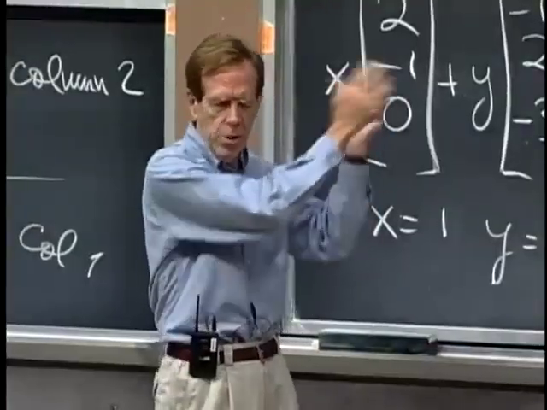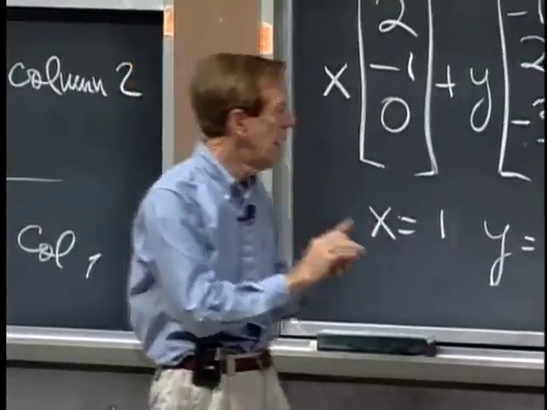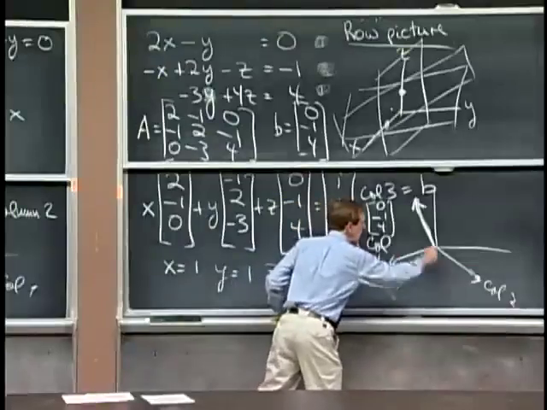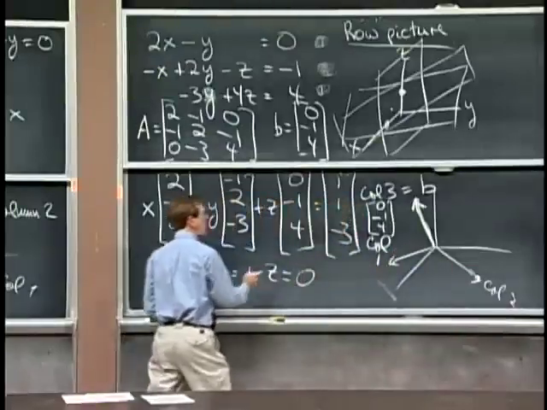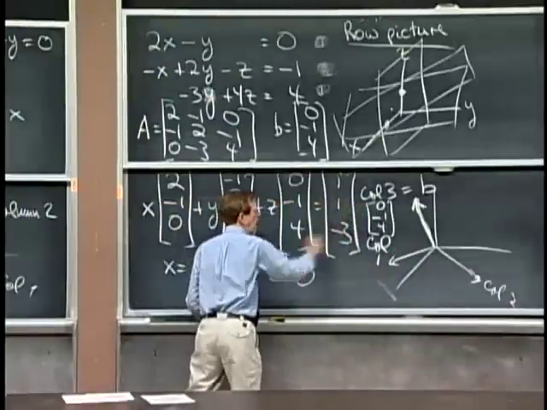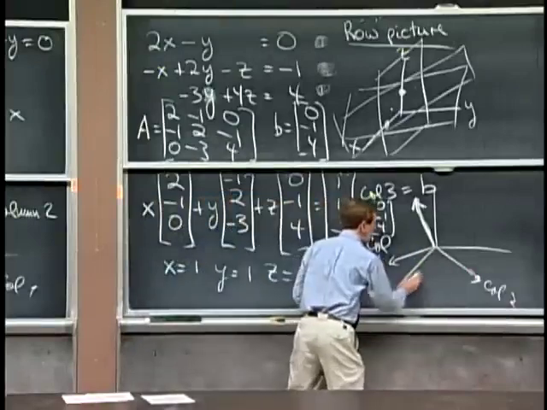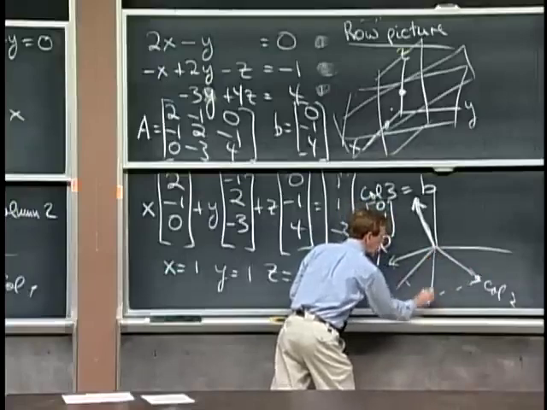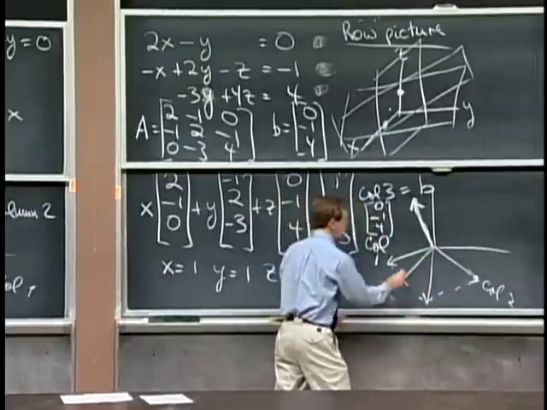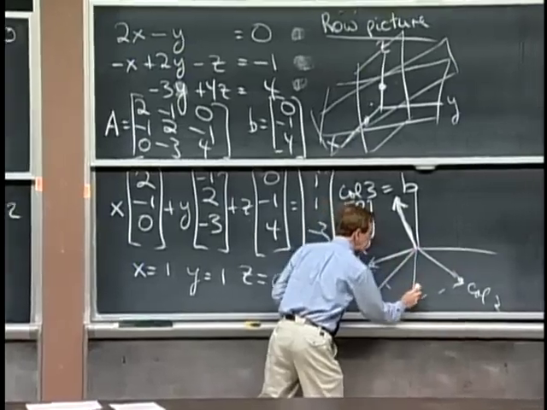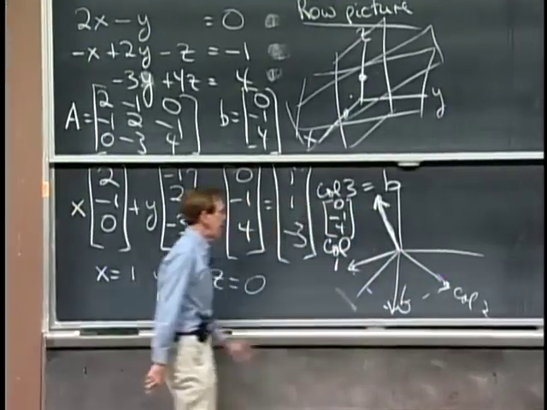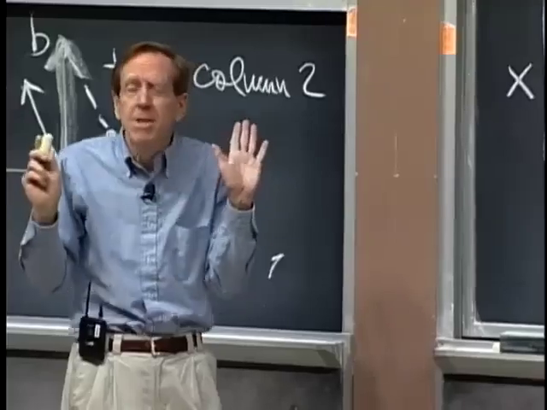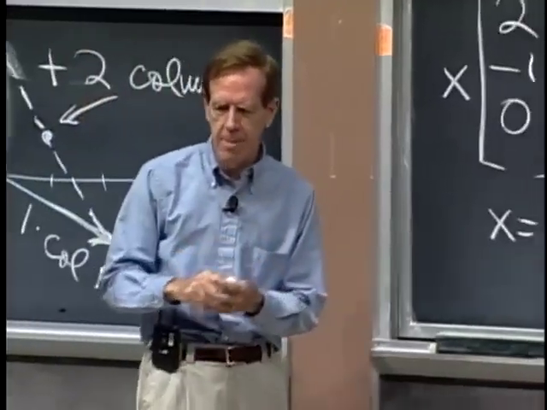Three new planes meeting now at this point. In the column picture, I have the same 3 columns, but now I'm combining them to produce this guy. And it turned out that column 1 plus column 2 is the right column. One of this and one of this would give me the new B. Okay, so that's like we squeezed in an extra example.